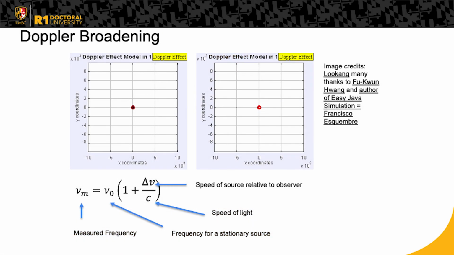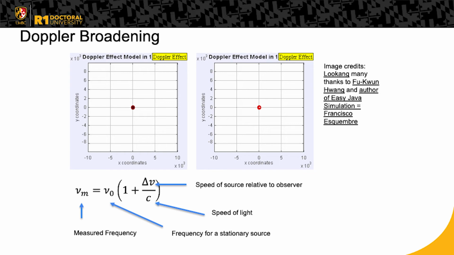For Doppler broadening, if you have a velocity along a different direction, the frequency will be impacted. Namely, if you have a stationary source, it emits light in this way, but if it's moving in this direction, you see the wavefronts are compressed. Correspondingly, the frequency is higher.